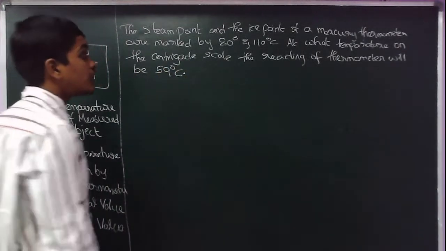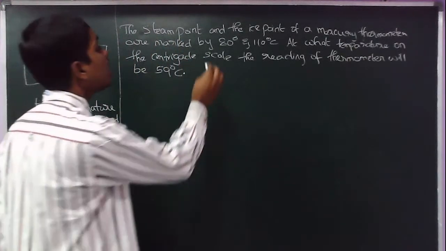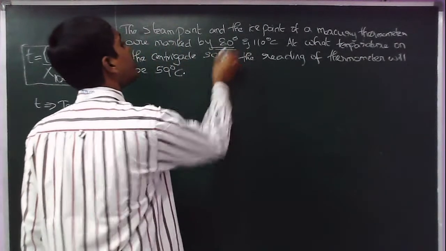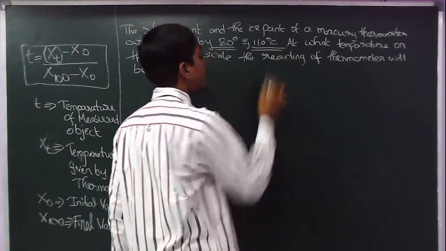Okay. Now in the question, there is a mercury thermometer that has 80 degrees at the initial point and 110 degrees at the final point.